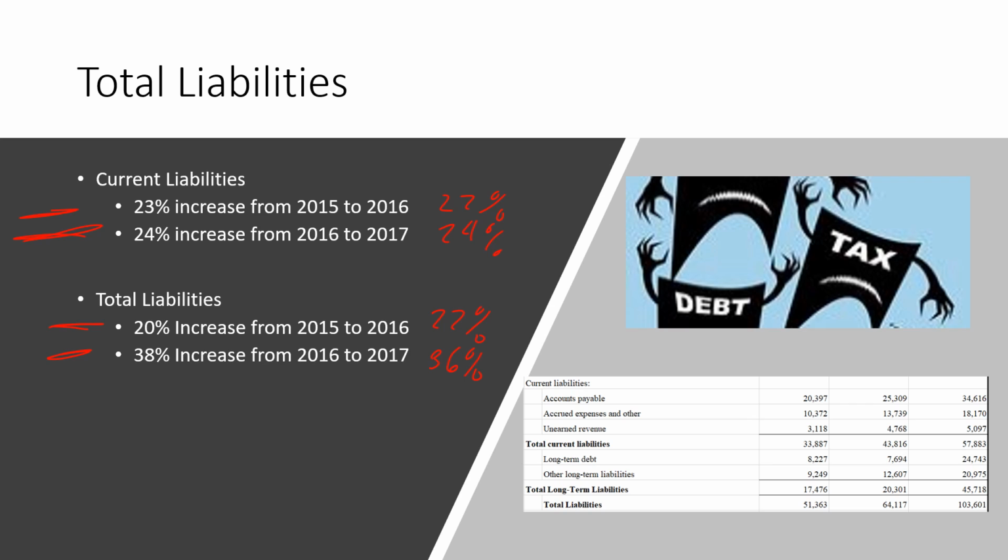It just shows that maybe they're trying to use a little more liabilities to increase their assets, so either borrowing from the bank or buying more stock or whatever on credit. So that could be one of the reasons for the drastic increase.